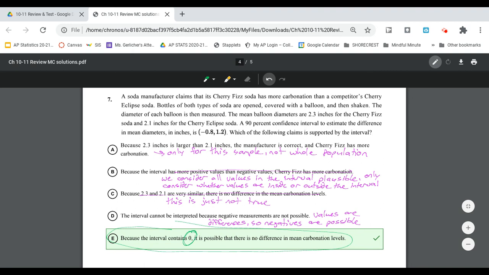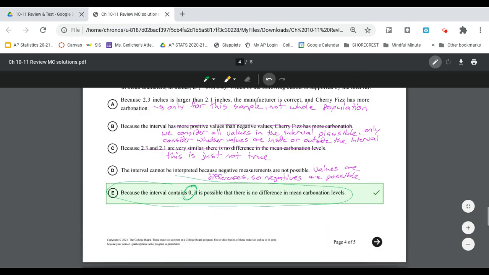So because 0 is in there, some of our plausible values have cherry fizz being bigger. Some of our plausible values have cherry eclipse being bigger. And we have one plausible value of 0. That means there's no difference. So it's plausible that there's no difference. That's all we know.